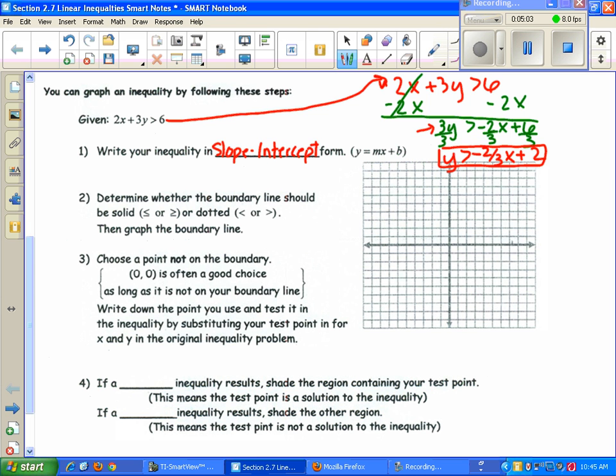So remember, how do you graph a line? We have to determine our slope, in this case negative 2/3, and our y-intercept, which is 2. On my graph, I'm going to start with my y-intercept, 2, and my slope is negative 2/3, so I'm going to go down 2, right 3, down 2, right 3.